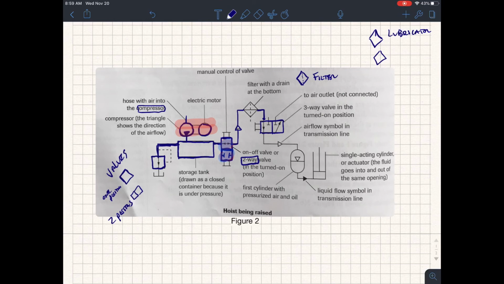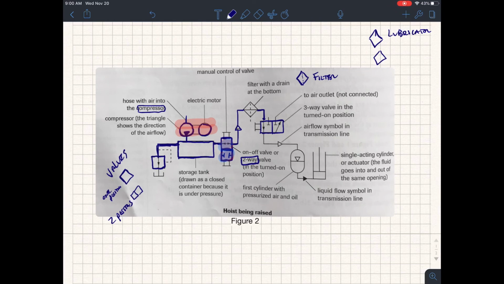And although we understand that that means there's two positions, this means that one of the positions is not necessary for the design of the system. So all you need here is a two position.